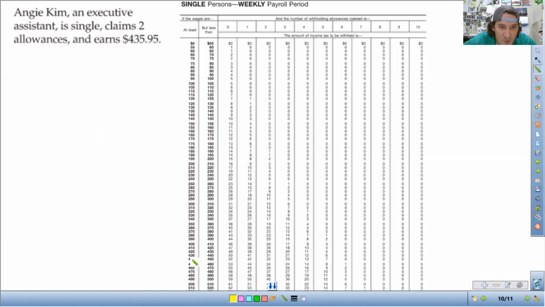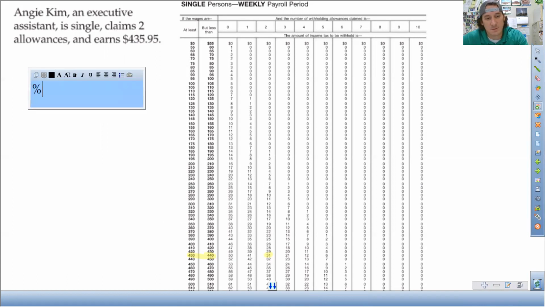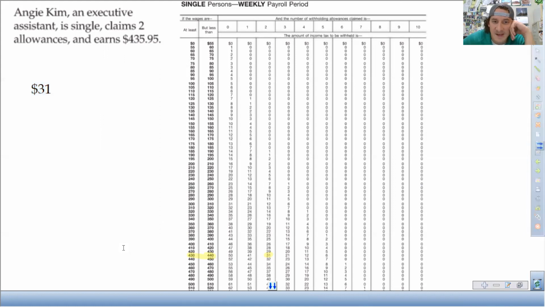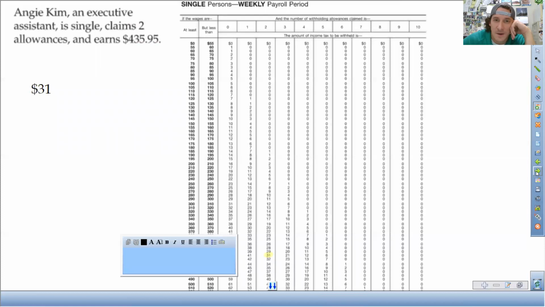So we want to go between $430 and $440 right here. 2 allowances, that's going to be the 3rd column. So here, her allowance is $31. Not 30%, $31. And that is it.